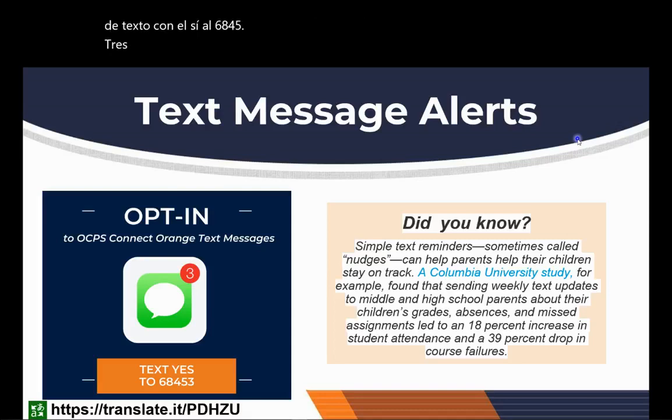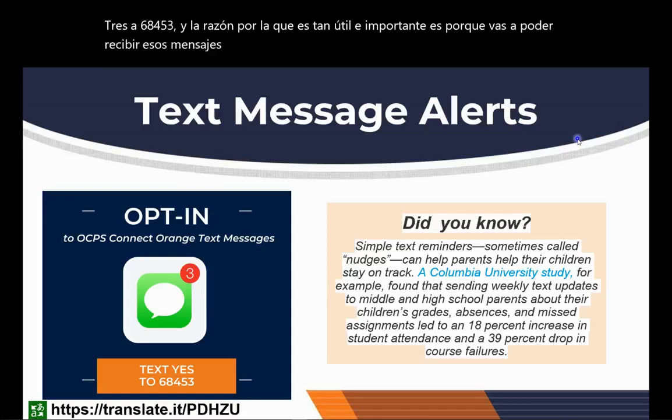And the reason that that is so helpful and important is because you're going to be able to get those text messages from your school about student absences, or about upcoming due dates and information, or about tech tips.